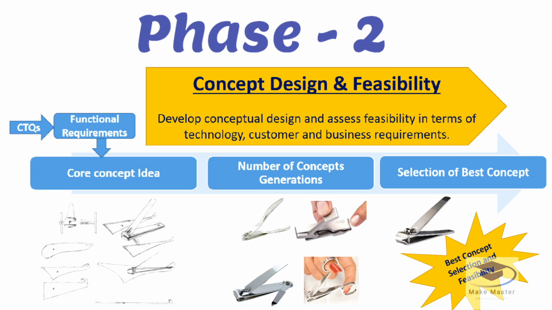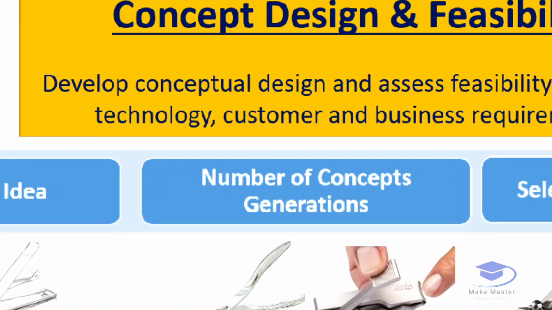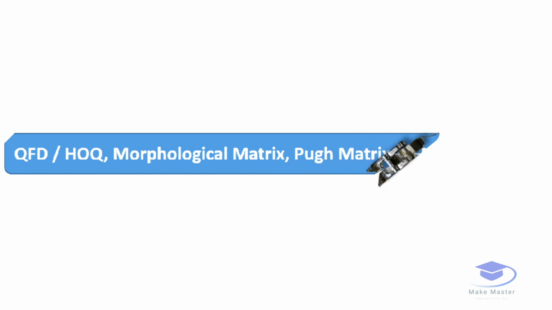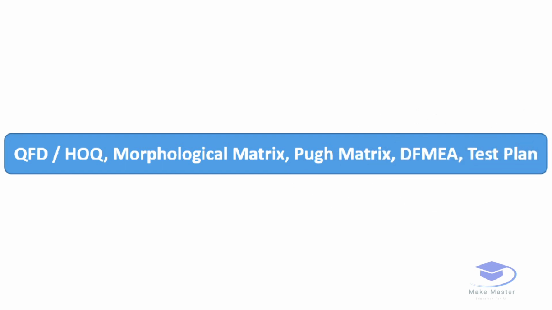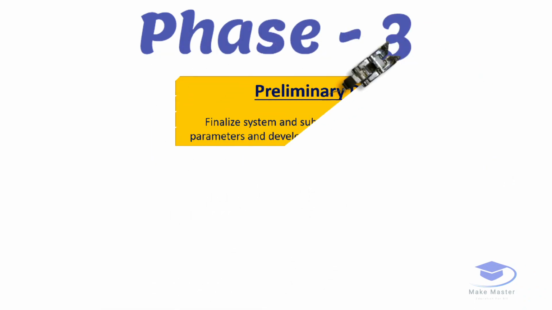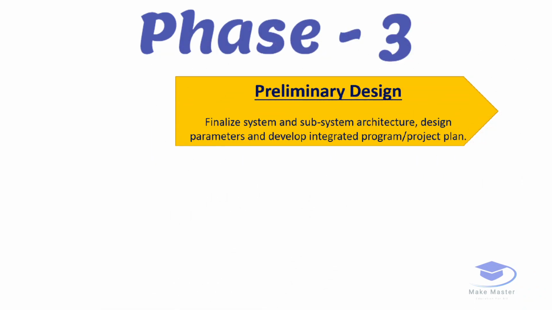Then we select the best concept through the Pugh matrix. The tools used here are quality function deployment or house of quality, morphological matrix, Pugh matrix, DFMA, and test plan. Now we are moving into phase 3, which is preliminary design: finalize system and subsystem architecture and design parameters, and develop an integrated program and project plan.